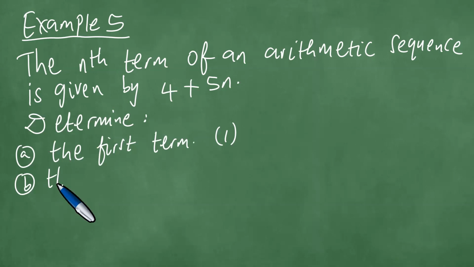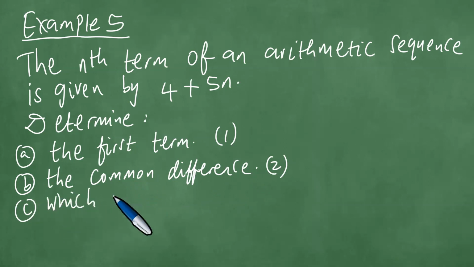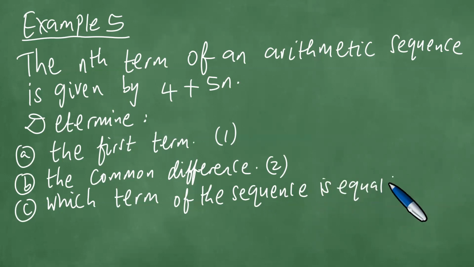B, the common difference. C, which term of the sequence is equal to 104.